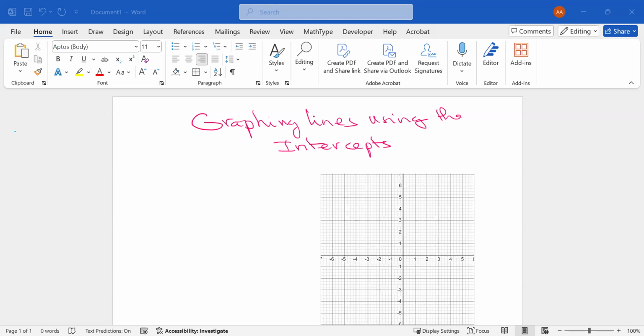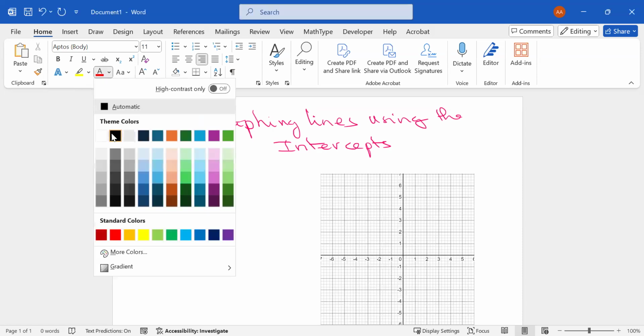One of the methods is to use the x-intercept and the y-intercept, instead of using two random points. We all agree that if you want to graph a line, you just need 2 points on that line. But since you have the freedom to choose any 2 points, why not choose the x-intercept and the y-intercept?